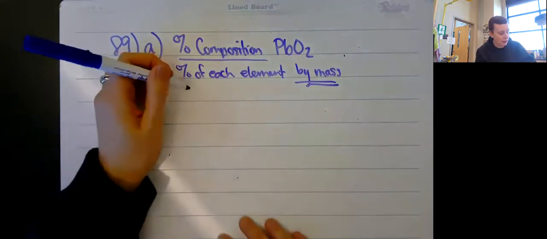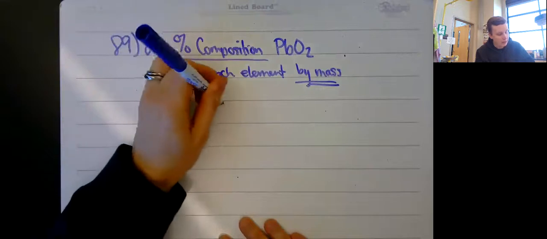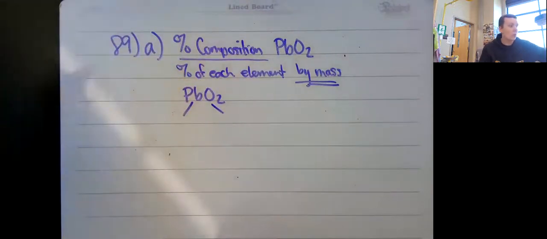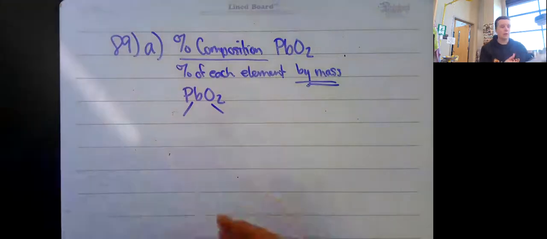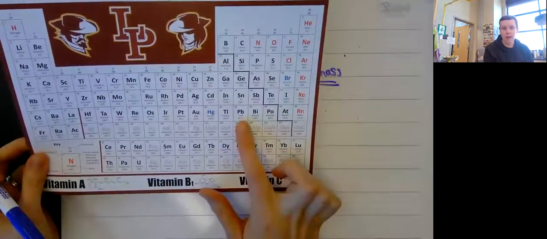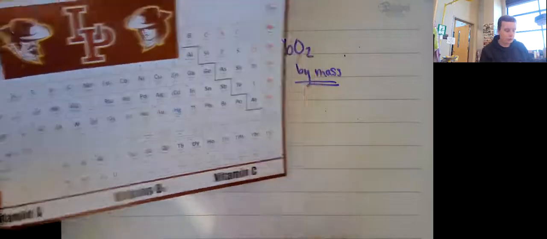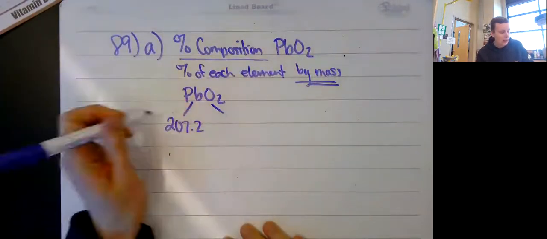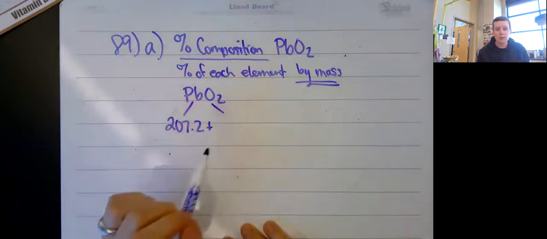All right, so here's how we do that. We take our substance, PbO2, and we add up using the periodic table what this substance weighs. So you find your elements. If you see lead here, it has a mass number of 207.2. And we have 2 oxygens.